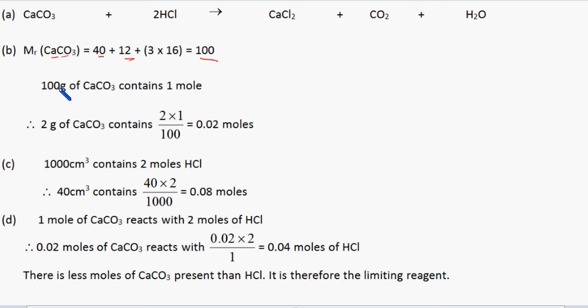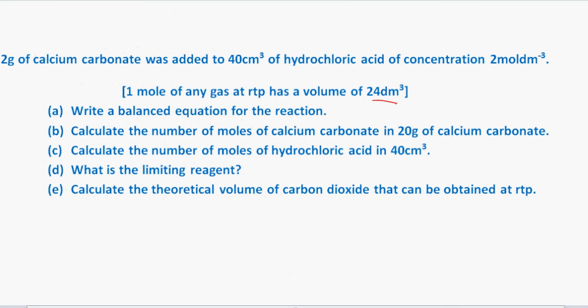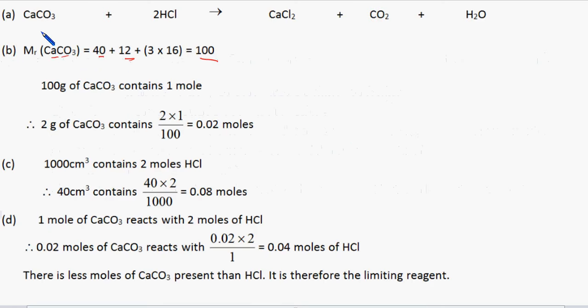This tells us that 100 grams of calcium carbonate contains 1 mole. Okay, I made a slight error here. It should have been 2 grams. So it'll be 2 multiplied by 1 divided by 100, and that'll give us 0.02 moles of calcium carbonate in 2 grams. It's a typo in the question.